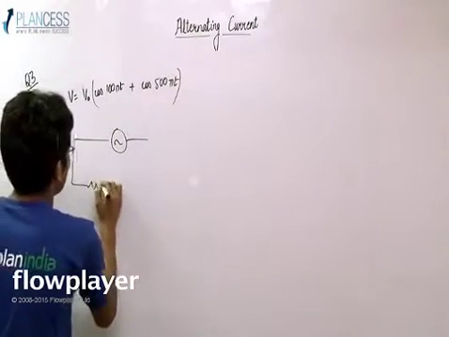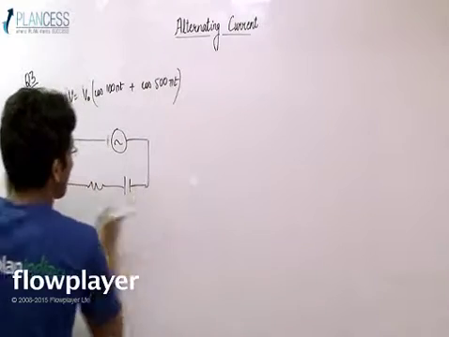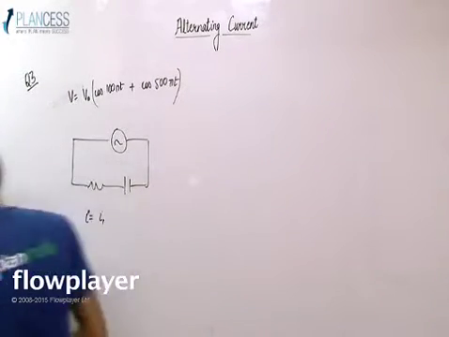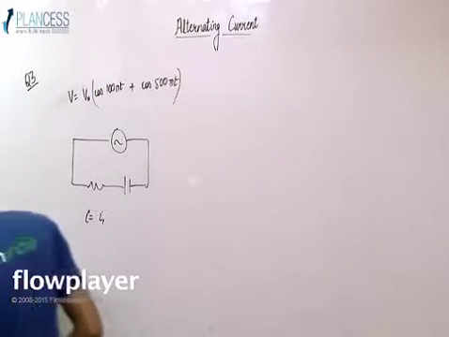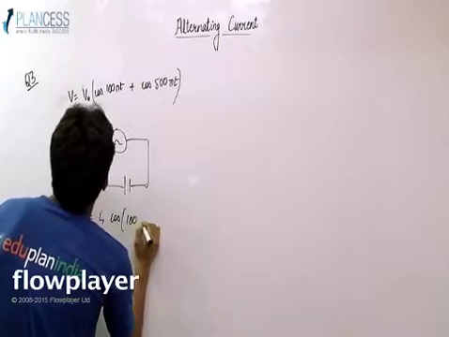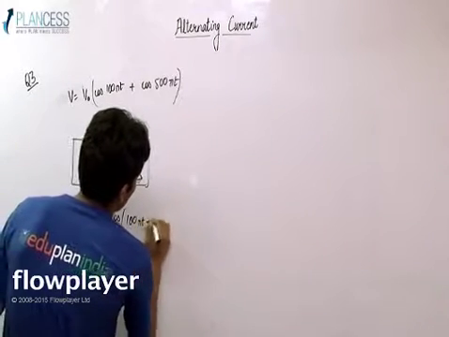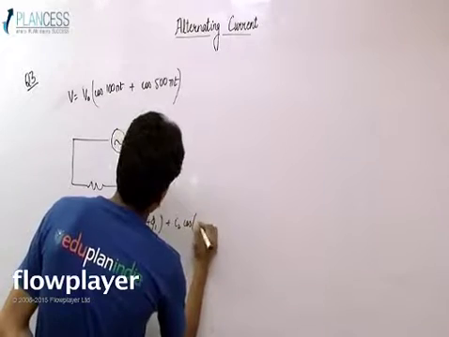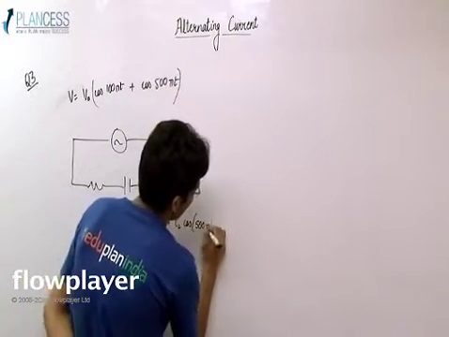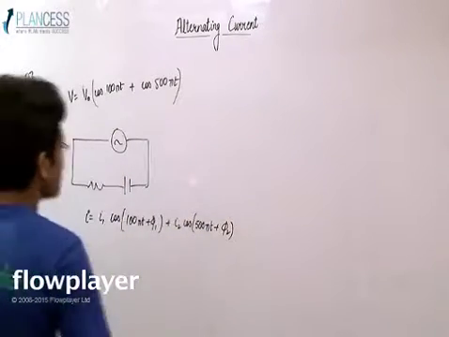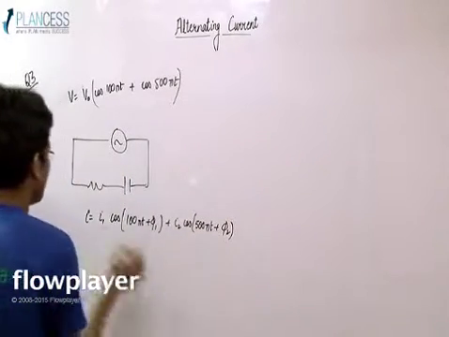This alternating source is connected to a capacitor and a resistor, and the current found is I1 cos(100 pi t plus phi 1) plus I2 cos(500 pi t plus phi 2). So these are the two values of current found.